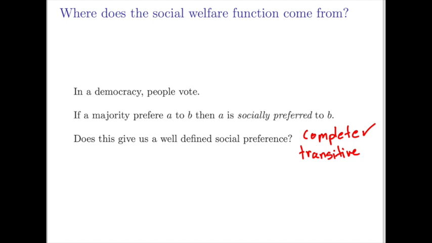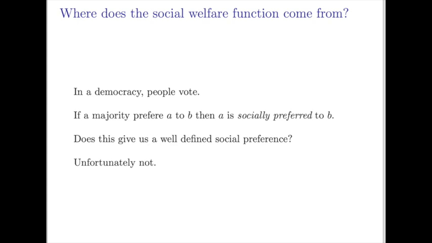Unfortunately, using the majority to determine which alternative is preferred between any two alternatives does not give us a transitive preference. Now, let me give you an example of that.